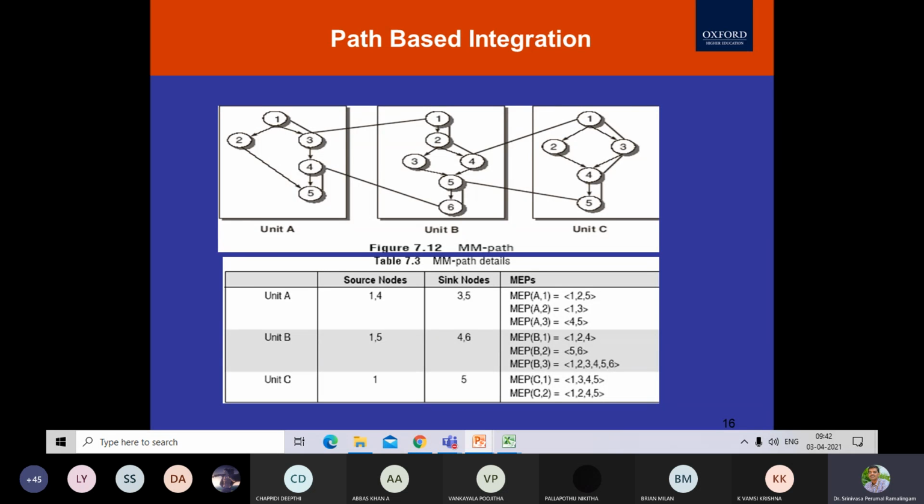Here they mention the source nodes are 1, comma 4. Why do they mention source nodes 1, comma 4? Very simple.